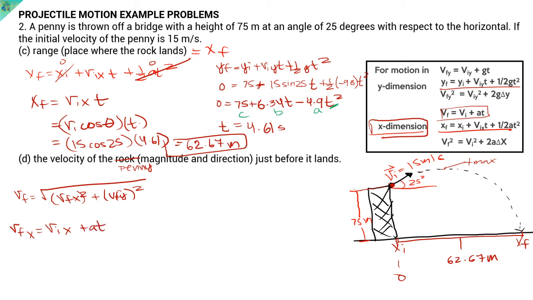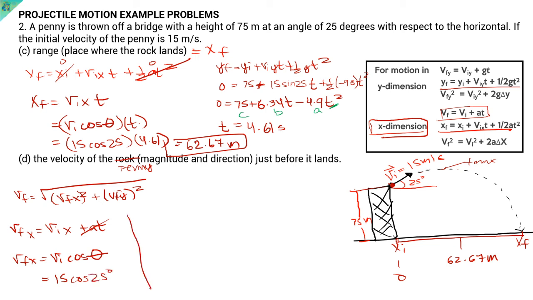And since again we are talking about the acceleration in the x dimension, there's no acceleration in the x dimension, we can cancel this one, which means our Vfx is actually equal to our Vix. What is our Vix? According to our definition a while ago, Vfx is equal to Vi cosine theta. And our Vi is 15 cosine 25 degrees. Okay, so that's our value of our Vfx.